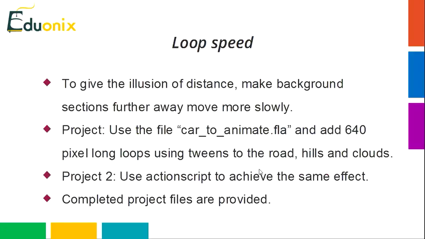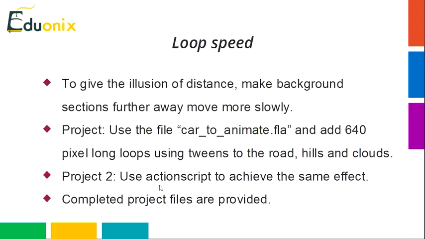So the project that I'm going to give you now is to do the same with the car that I showed you at the start. And it's quite a complicated image, but each of the layers has to move 640 pixels, so it's not too bad to add some tweens to those.